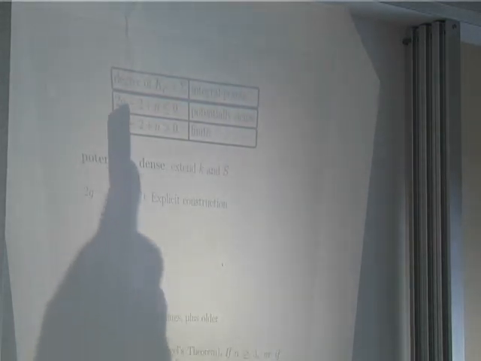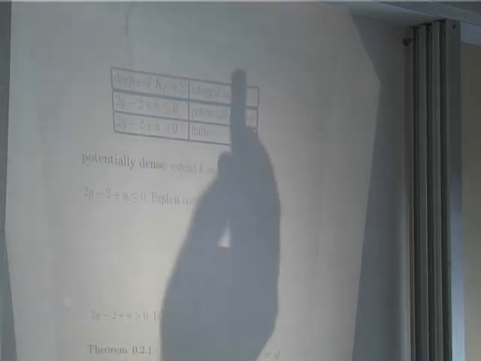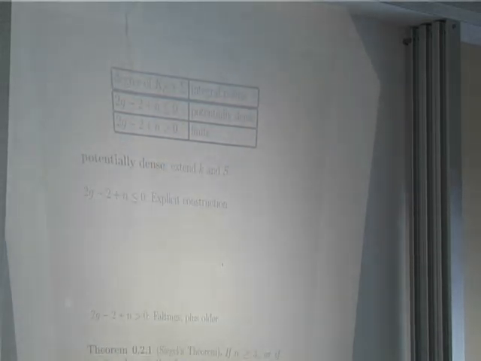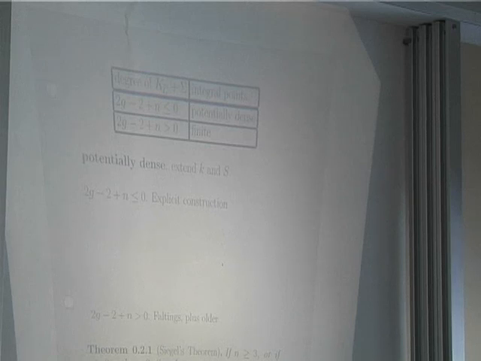So if I take the degree of the sheaf of logarithmic differentials and compare with integral points, then indeed, if 2g minus 2 plus n is less than or equal to 0, the integral points are potentially dense. And if 2g minus 2 plus n, that is, the degree, is bigger than 0, then the points are finite.